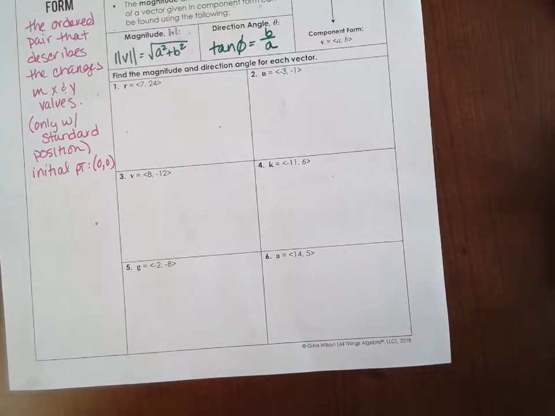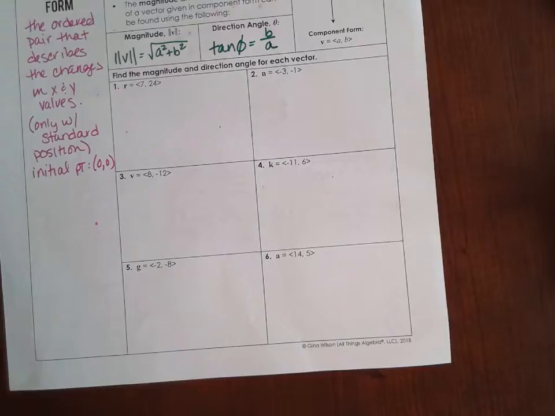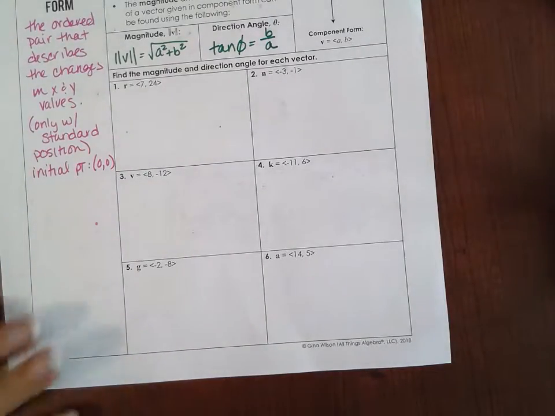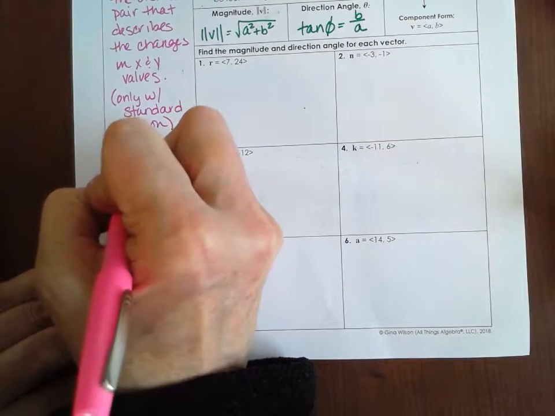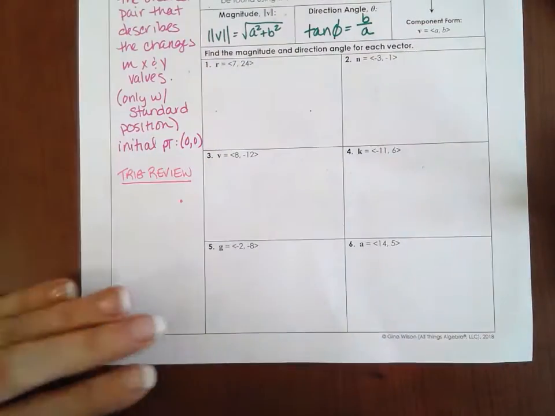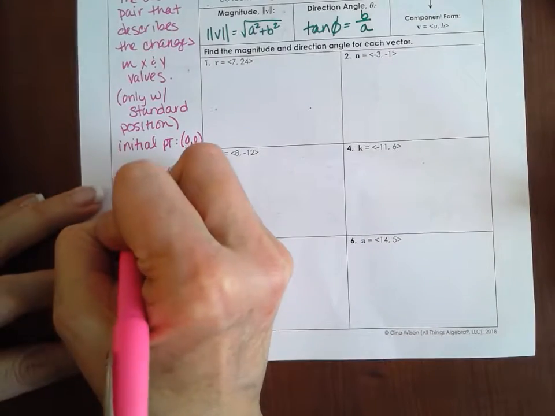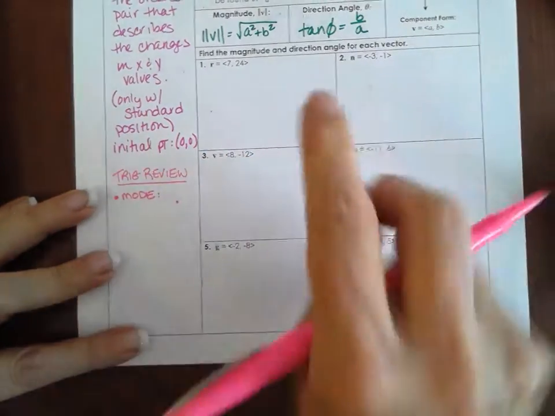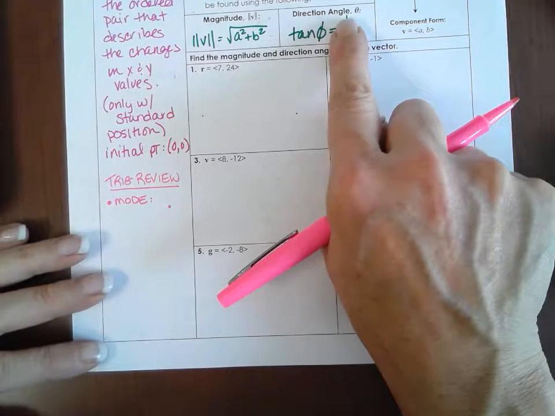So, shall we do a little trig review with our calculators? Okay, first off, what we're going to be doing when we're finding an angle, it has to be in a certain mode.